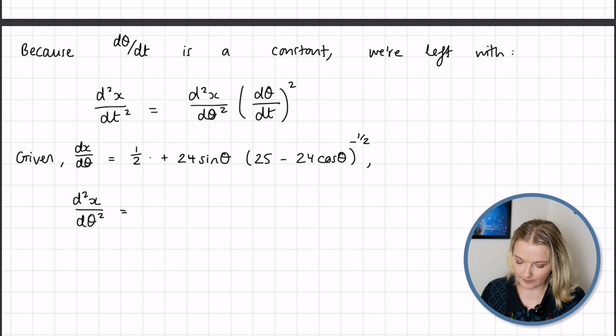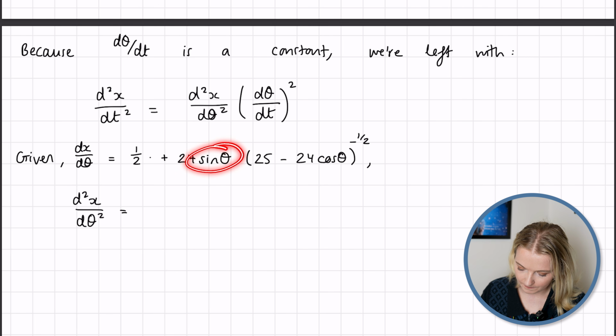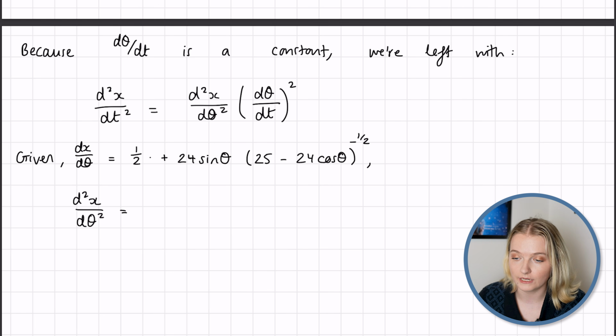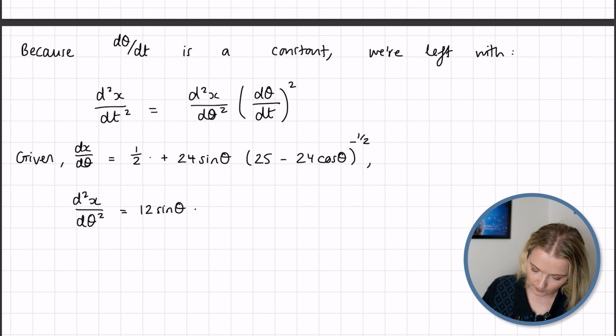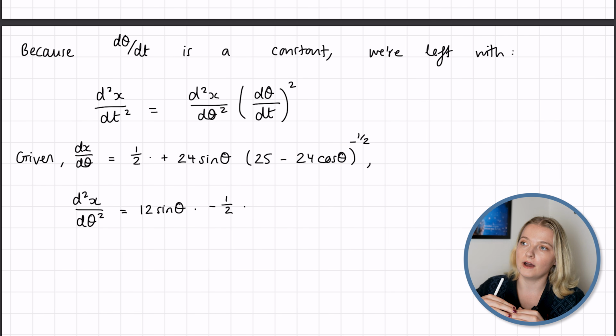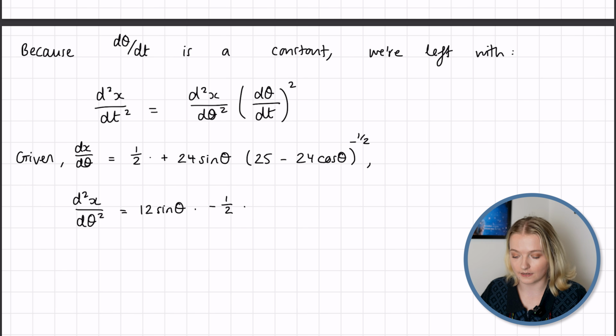So let's take this step by step, because we obviously have two parts in here and we're going to need to handle those appropriately. So firstly, we'll handle what's inside here. We'd have 12 sine theta, which is just this out front here. That would be multiplied by minus a half from the power, but then we'd also have this all multiplied by the differential of this inside here, which is going to be 24 sine theta, because minus cosine theta differentiated is sine theta.